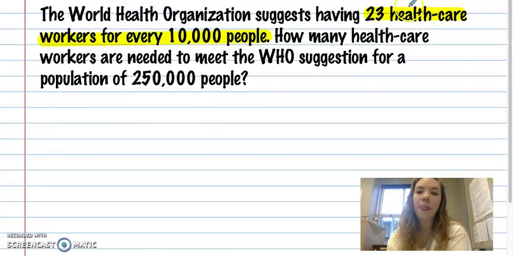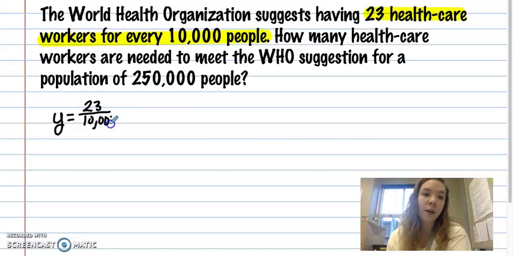Okay, that means that Y is going to be our healthcare workers. For every tells us it's our slope, and people is going to be our X. So you have Y equals 23 for every 10,000 would look like that, people.